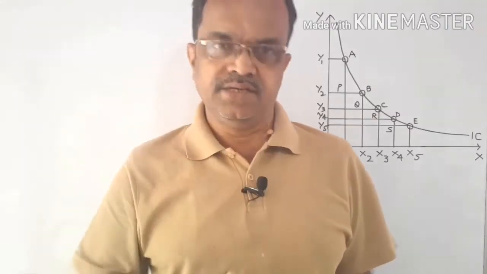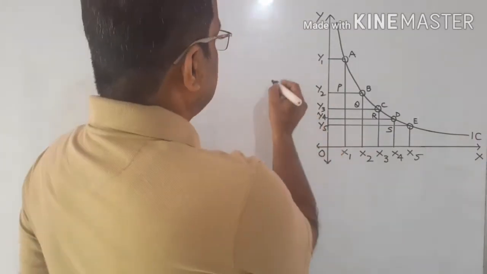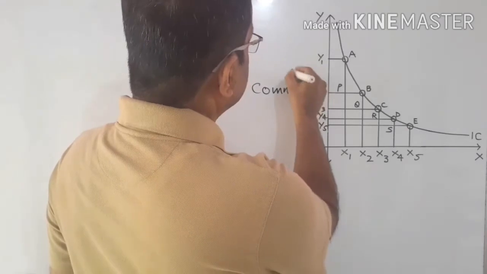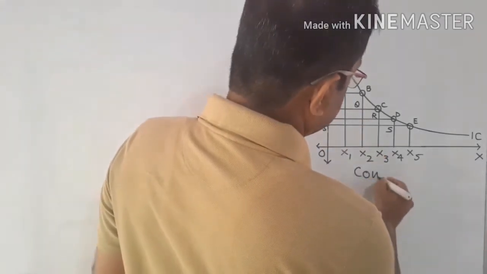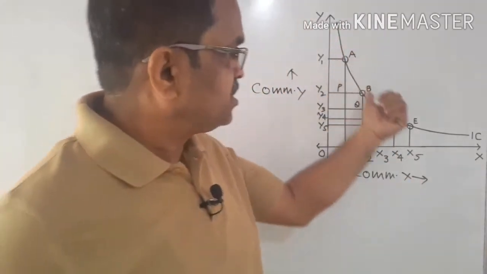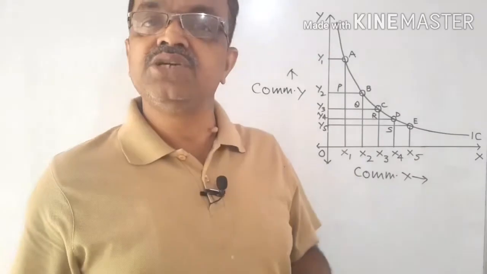Now look at here. This is the indifference curve, and on this y-axis commodity Y is plotted, and on this x-axis commodity X is plotted. While moving down the indifference curve from A to E, what do we observe?